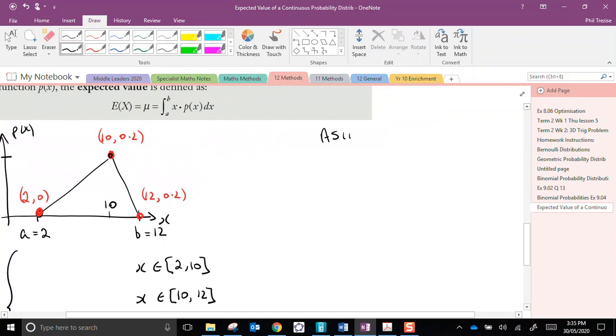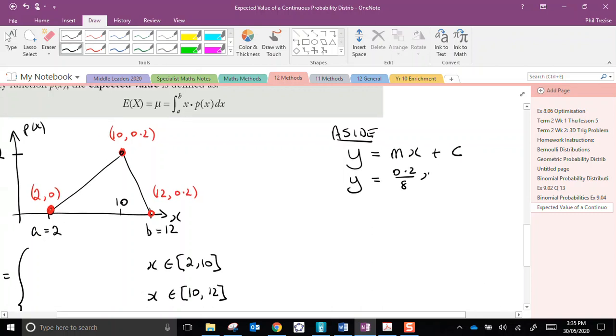So first we'll do the equation between the first one here between 2 and 10. So our equation of a straight line looks like y equals mx plus c. The rise is 0.2 divided by a run of 10 minus 2, which is 8. 0.2 divided by 8 is 0.025.